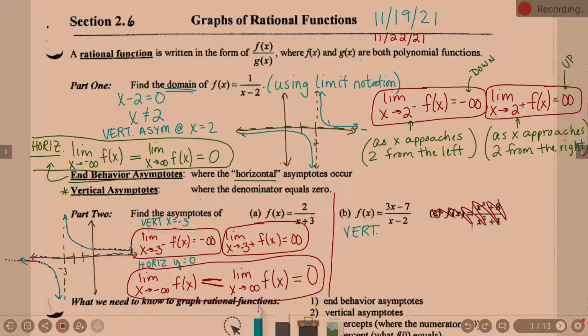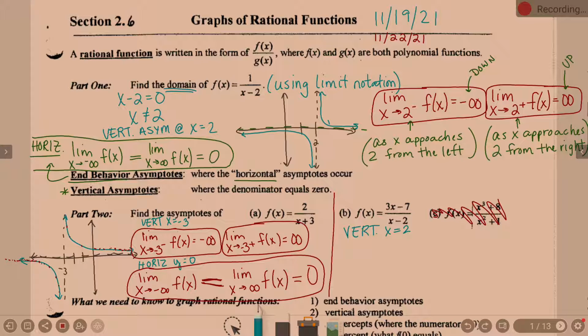On B, any vertical asymptotes? Okay, so your denominator equal to 0. X cannot equal 2. So that means there's a vertical asymptote at x equals 2. So what are the two limits I'm going to set up in respect to this?